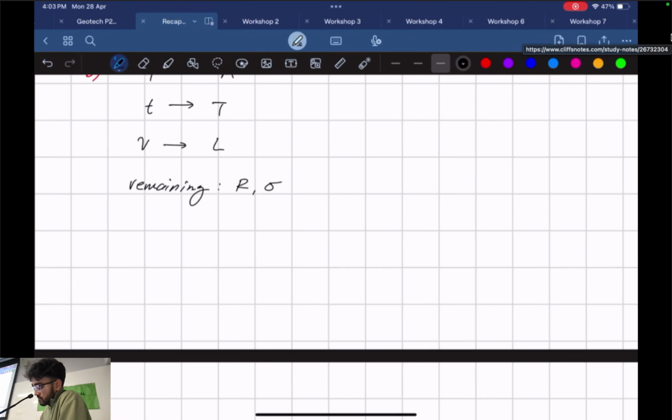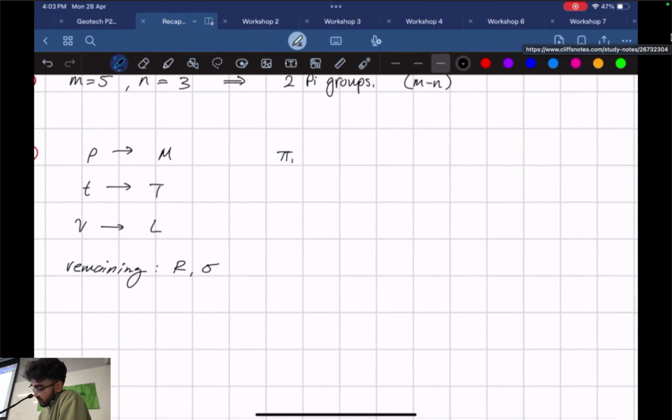To find pi 1, first of all, write out our repeating variables with an unknown power. So it's going to be rho to the power of a, t to the power of b, and viscosity to the power of c. And we're going to select one of these remaining variables. So I'm going to select r.